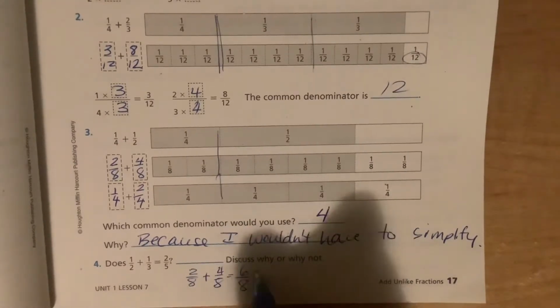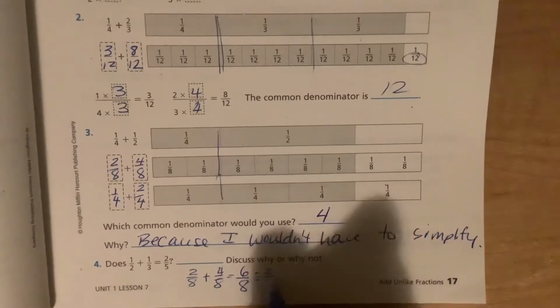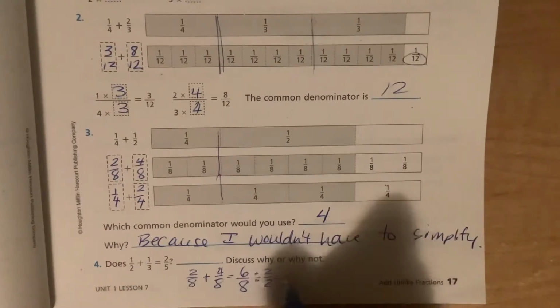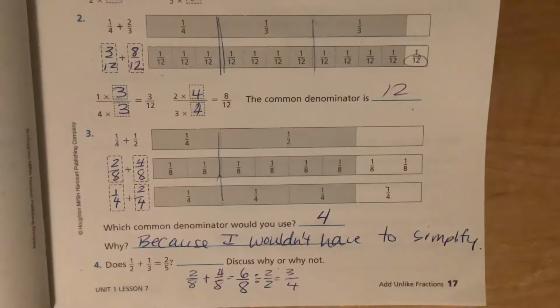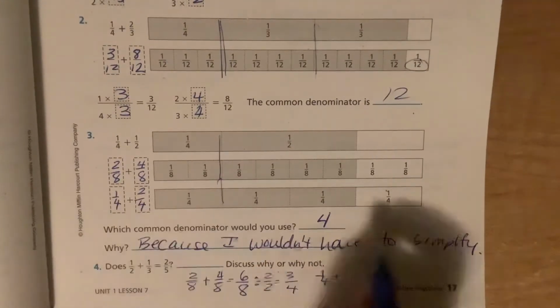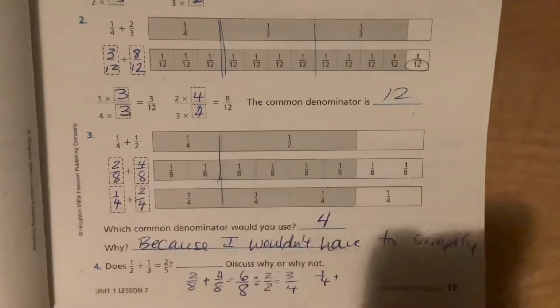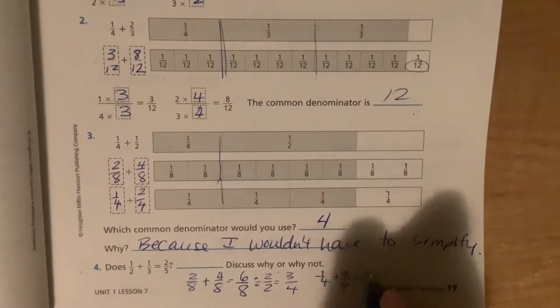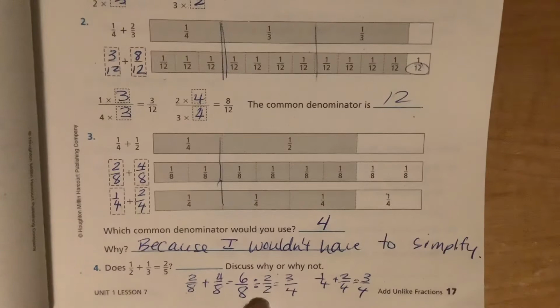Those are both numbers that I can divide by 2, and I would get 3/4. Well, if I take the other option, down here, 1/4 plus 2/4 equals 3/4. Same math, just one extra step. And that works either way.